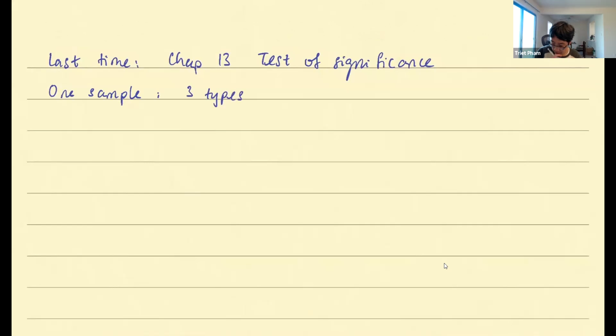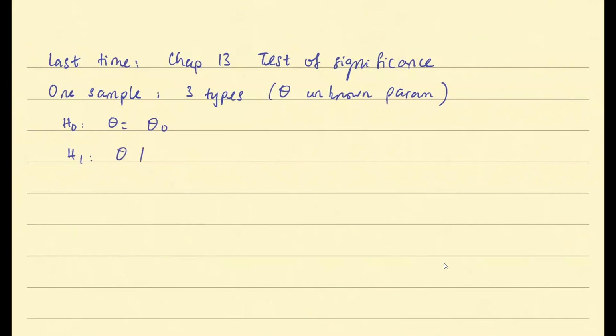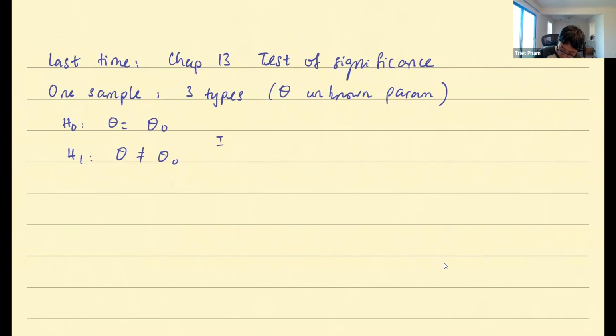By types, I mean they're just kind of one-sided or two-sided. So keep in mind that theta is the unknown parameter. Then we have the following: this is two-sided, let's call it test 1.